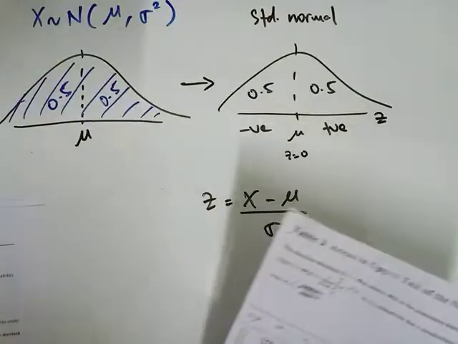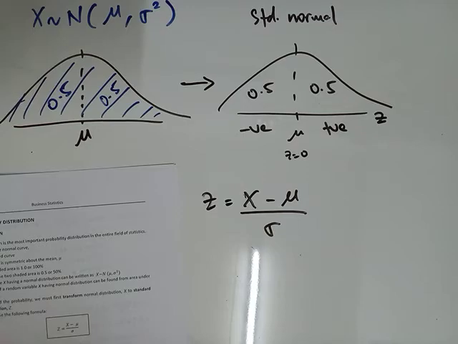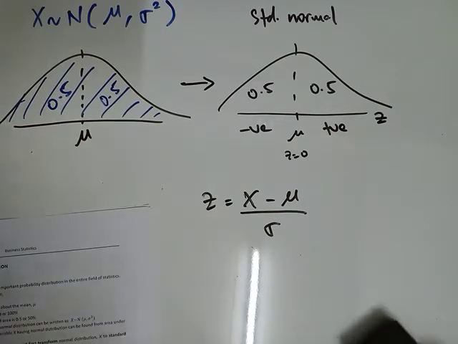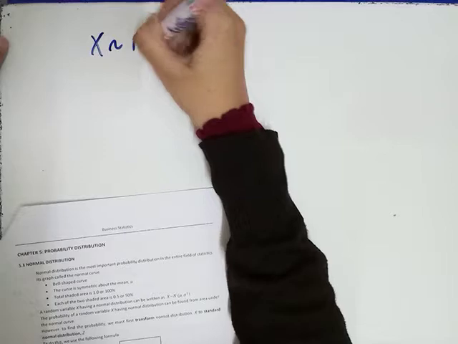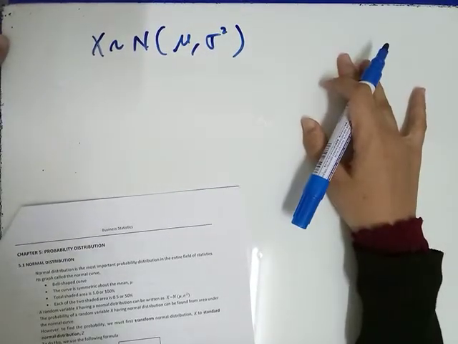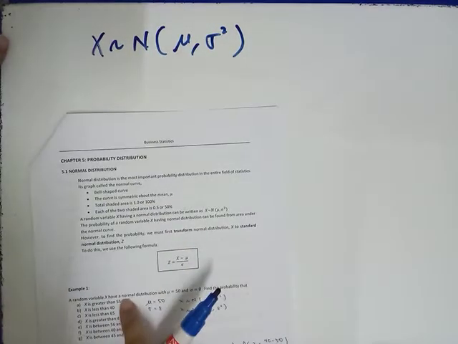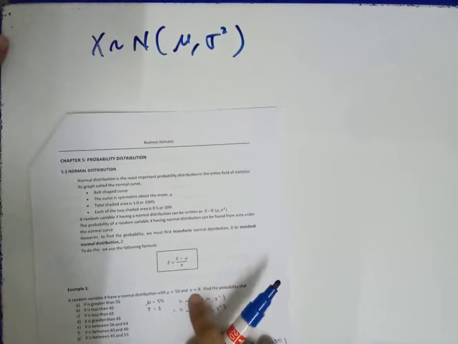So look at example 1. For normal distribution, x having normal with mean and variance. A random variable x having a normal distribution with mean 50 and standard deviation 8.